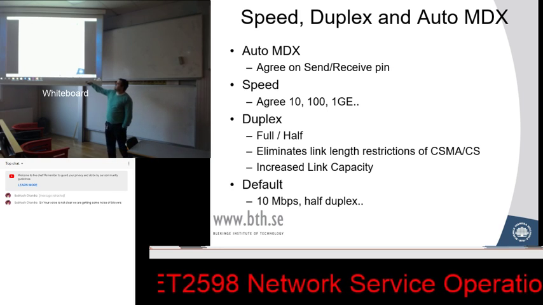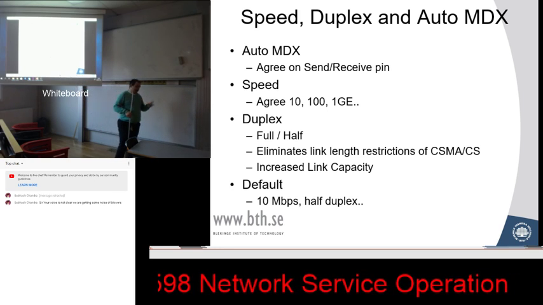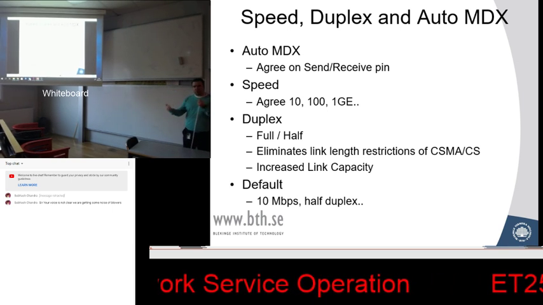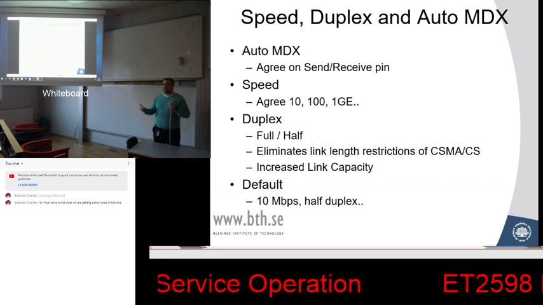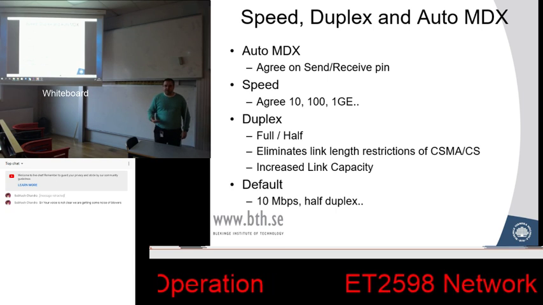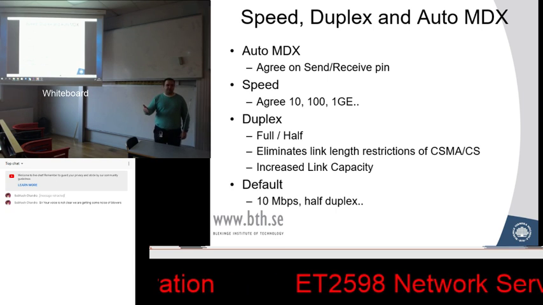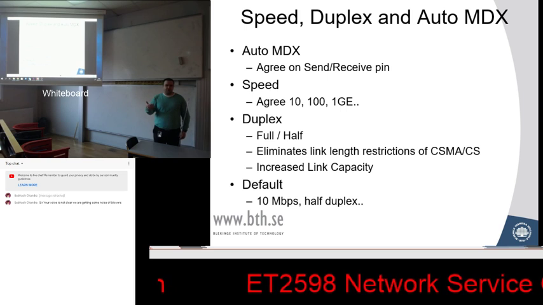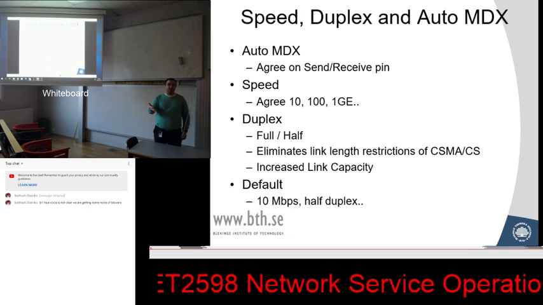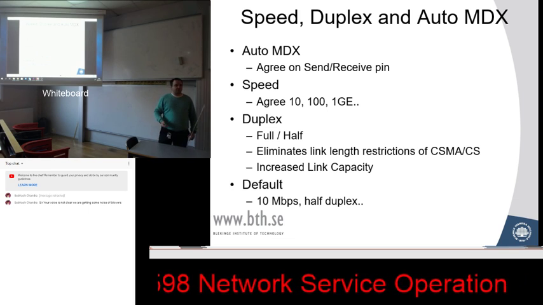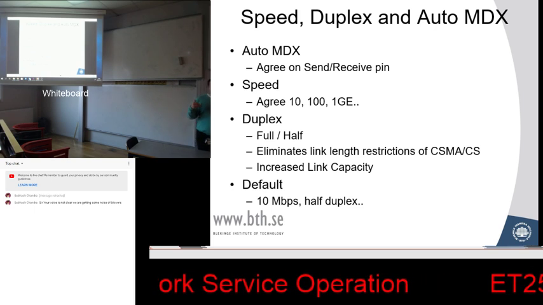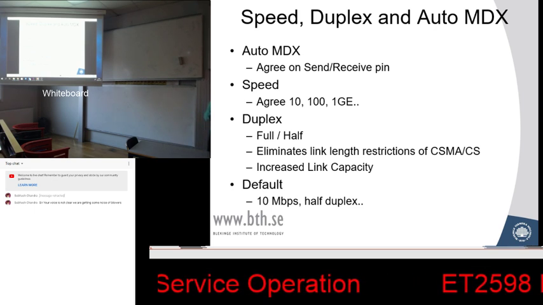The same thing applies to speed. If you have auto negotiation on speed, the protocol starts at the highest possible speed. It sends, can you do 1,000 megabits? If the receiver can receive it and indicates, yes, I can do it too, we use 1,000 megabits. The next step is duplex. Can we do full or half duplex?